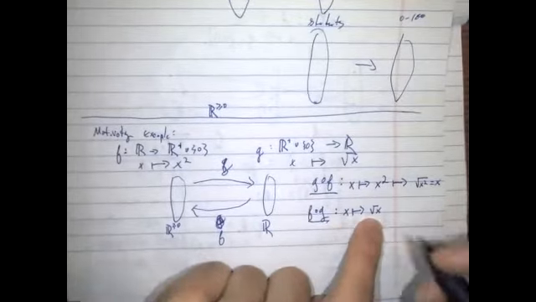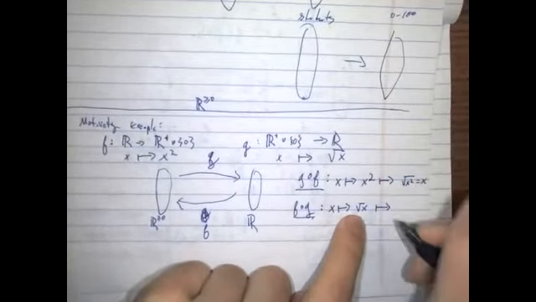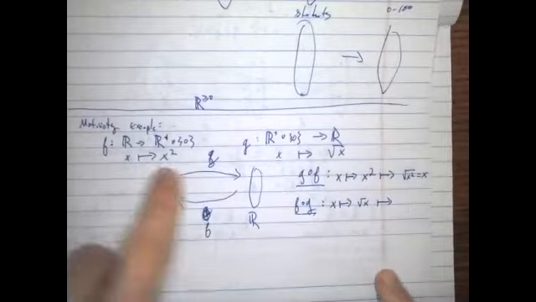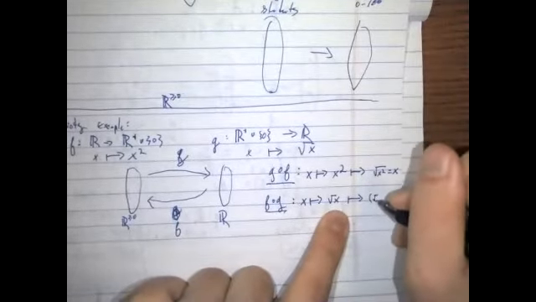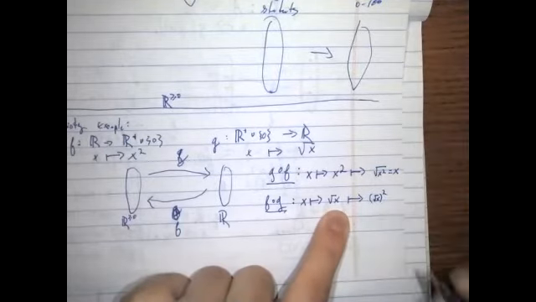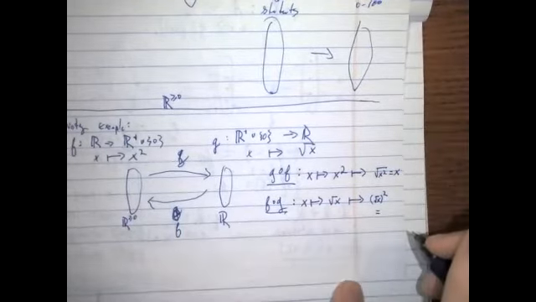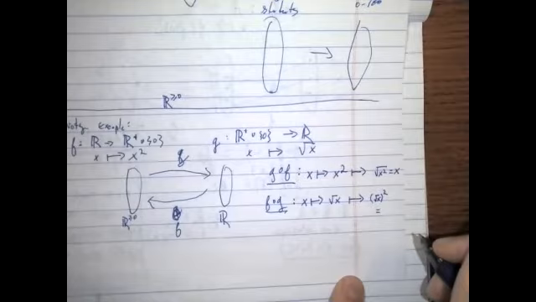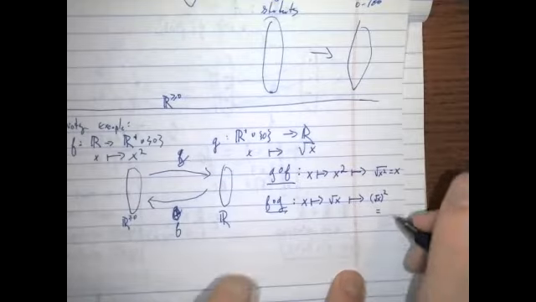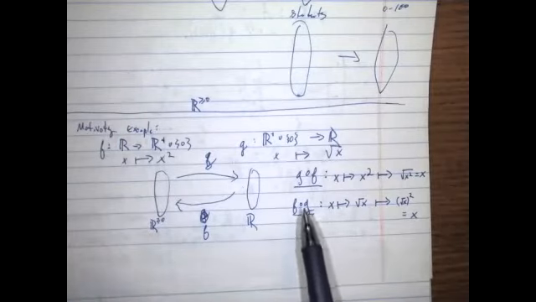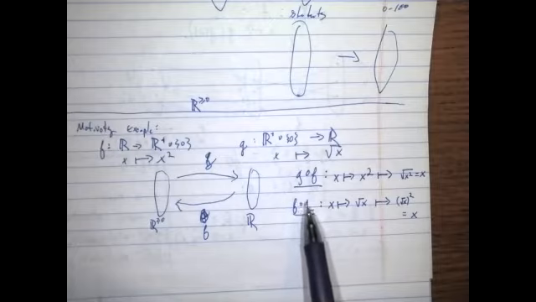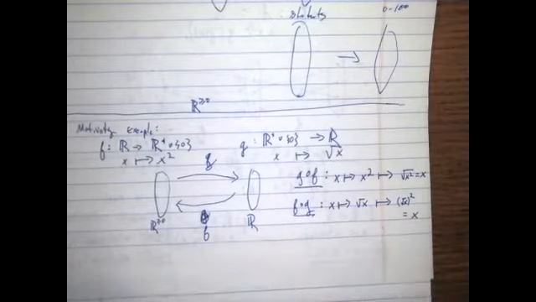X is going to map to square root of X, and then what is F going to do to this number? Well, it's going to square it. So this is going to be mapped to the square of the square root of X, which is equal to what again? X. Exactly.